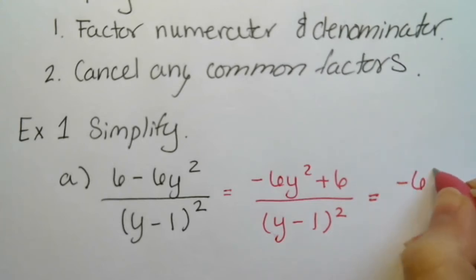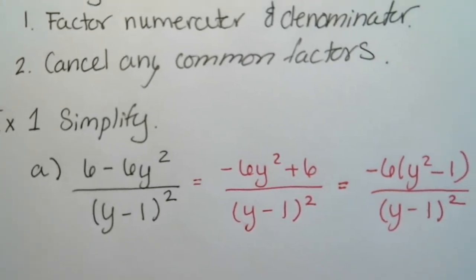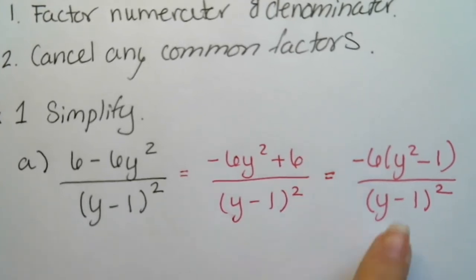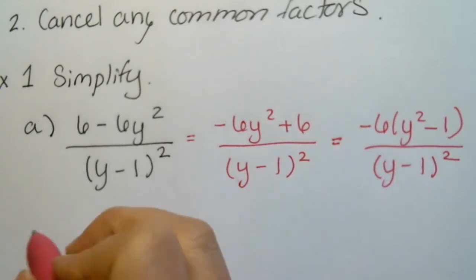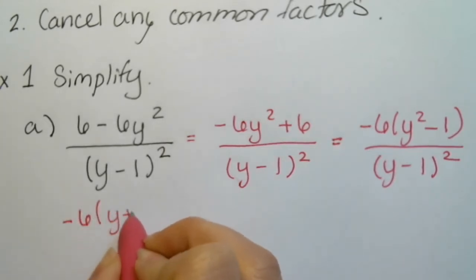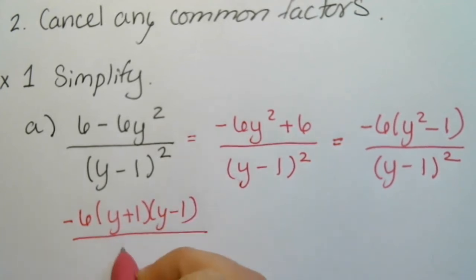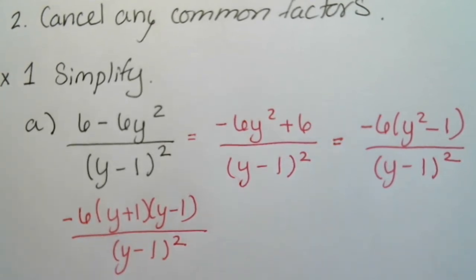So I'll have -6 times y squared minus 1 over y minus 1 squared. Now I can see that this is the difference of squares, so I'm going to continue factoring this. So I have -6 times y plus 1, y minus 1 over y minus 1 squared.